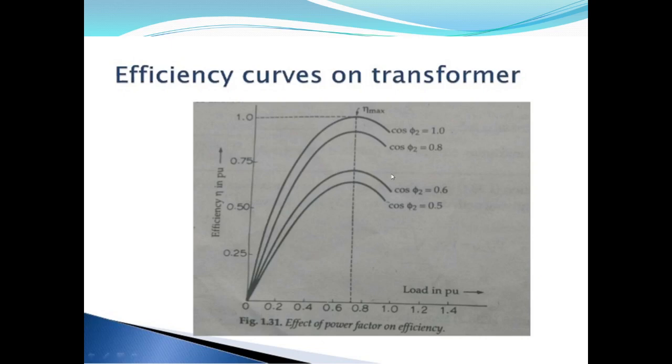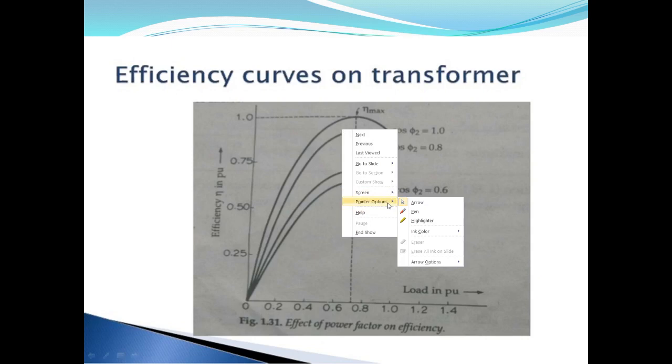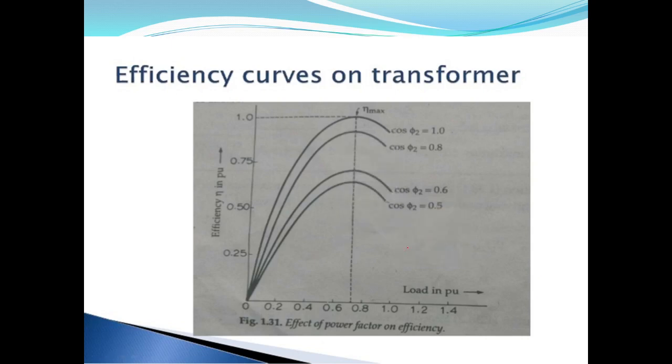Efficiency curves of the transformer. Here we are considering different power factors with respect to the efficiency. I am considering efficiency in per unit, that is 0.25, 0.5, 0.75 and 100%, where 100 by 100 means 1.